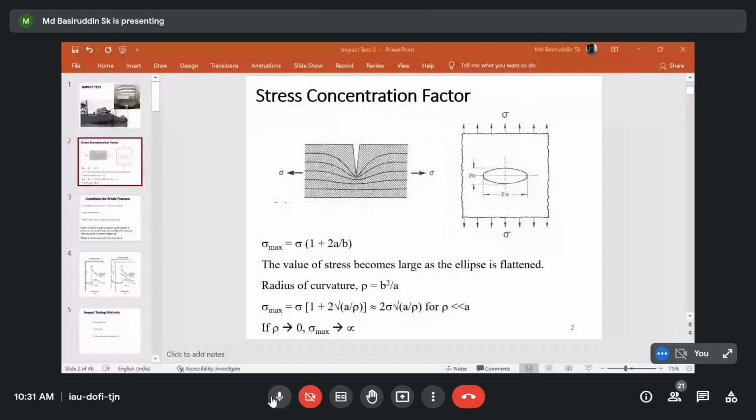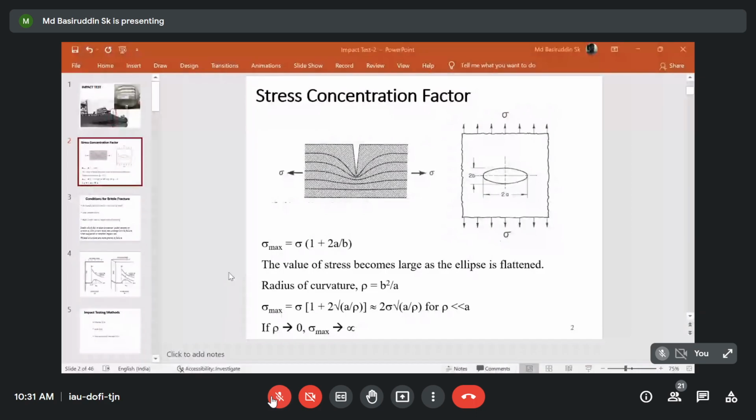Yes, sir. So here, from the concept of stress concentration, you can think of how your applied load will be amplified, or multiplied by some factors, and that can induce the crack to propagate and cause the final failure of the material.